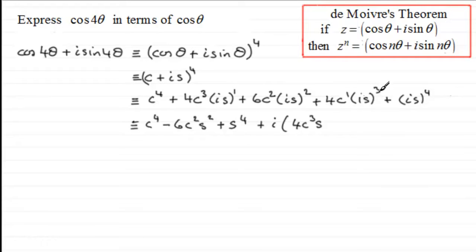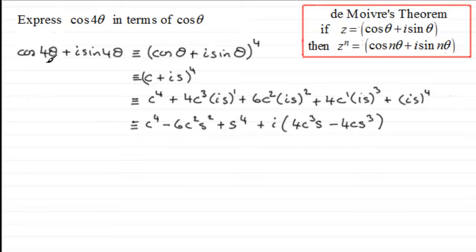We've got i cubed, so that's going to be minus i times s cubed. So we've got minus 4c s cubed. So that's the imaginary part there. Now it does say express cos 4 theta in terms of cos theta.